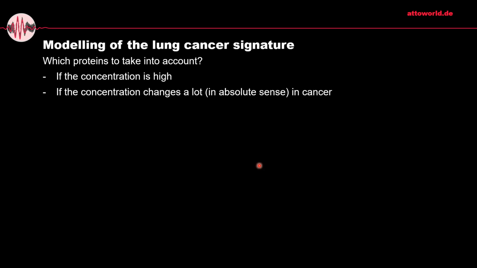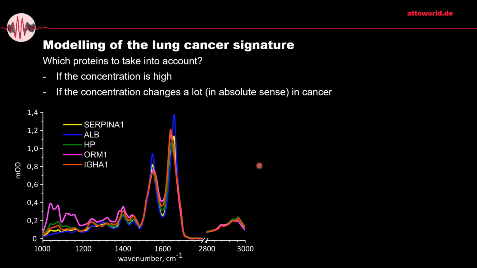So we compiled a list of 12 proteins that are important for us, and we measured their spectra. Here I'm showing 5 to give you an example. We measured the infrared absorption spectra of each of these proteins separately. You can see that these infrared spectra are somewhat different, not too different, but still different enough that we are able to see the identity of every protein from this spectrum.